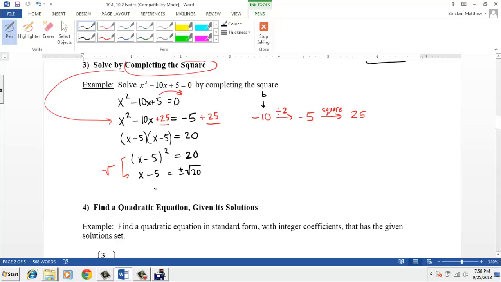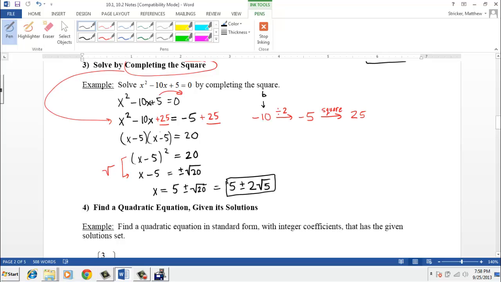If we add 5 to both sides, we get x equals 5 plus or minus square root of 20, which is 5 plus or minus 2 square root 5. You can simplify square root of 20 down to 2 root 5. That's your answer. There's two answers there.